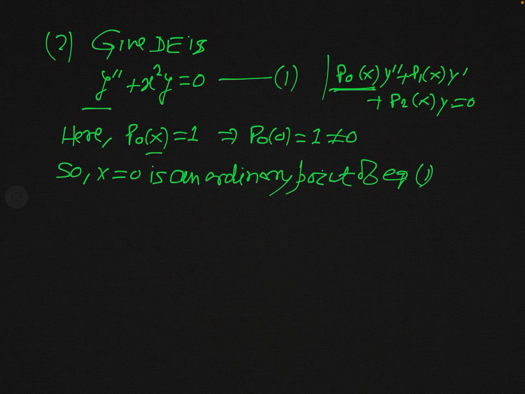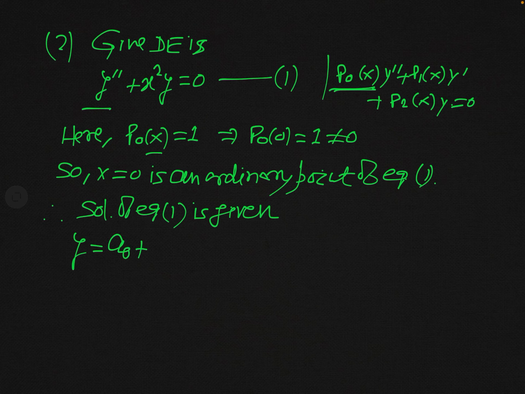will be written in a series of a particular manner, which we have just used. Therefore, the solution of equation 1 is given as, we will write its solution in this form: y equal to a naught plus a1x plus a2x square plus so on plus an x to the power n plus so on.